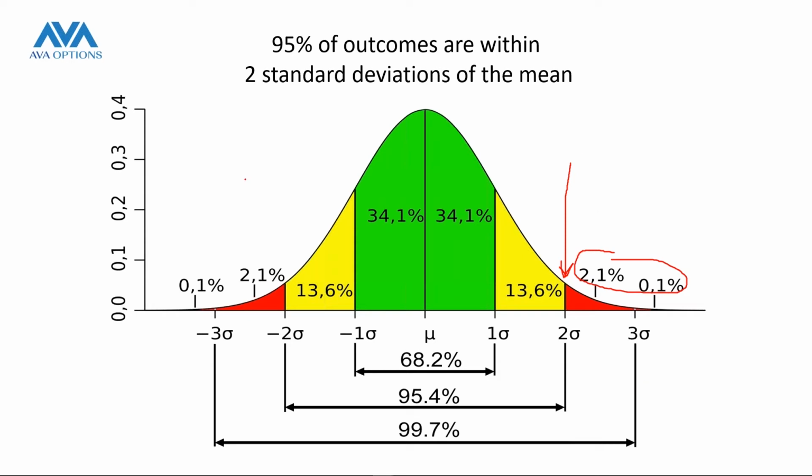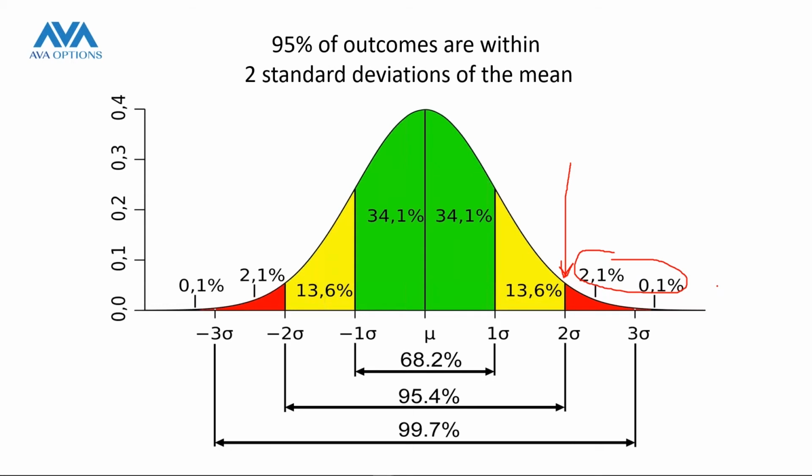Of all of those bounces of the bean, only 2.2% of the outcomes are going to be higher than 2 standard deviations. So we have a very small chance, and the value of the option, or the delta of the option, reflects these probabilities.